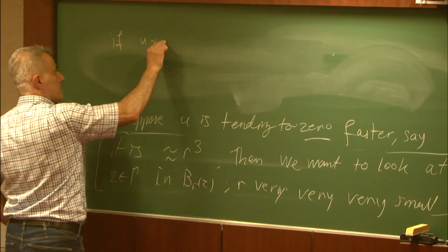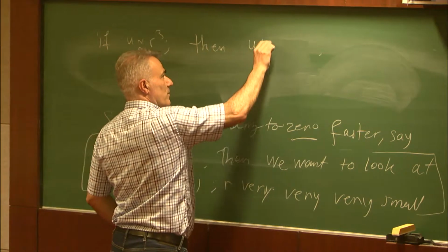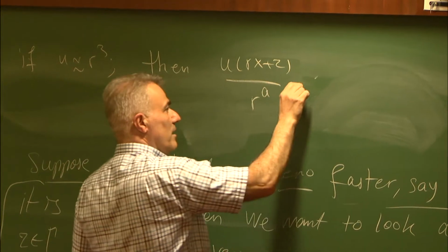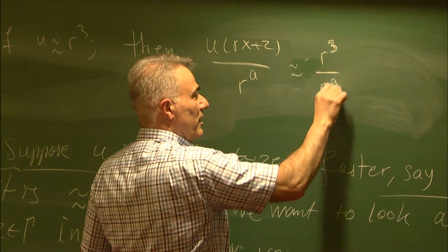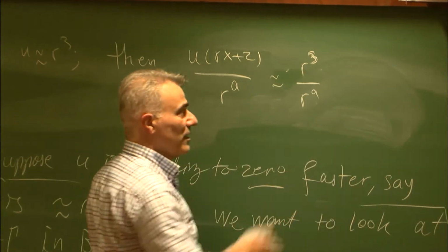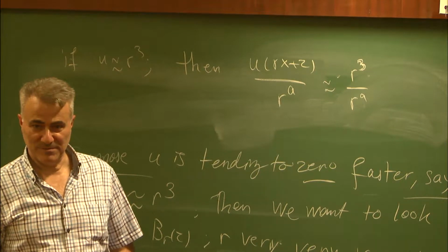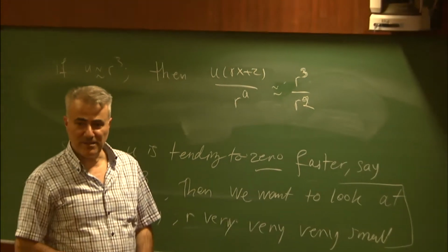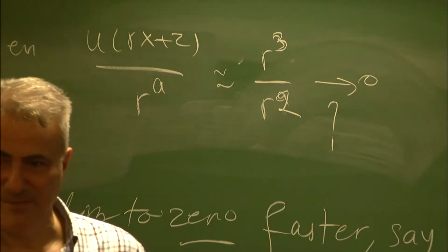U is approximately R to the power 3, then U of Rx is Z divided by R to the power A, like R to the power 3. So in order for this to survive, I have to take A to be 3. But then that's not going to be bounded. So A equals 2 is the correct answer here. If I take A equals 2, then this guy will go to 0. This again is a problem.